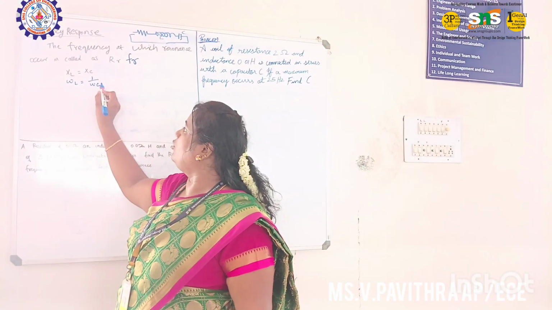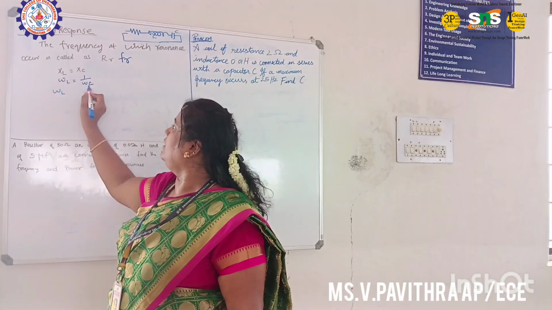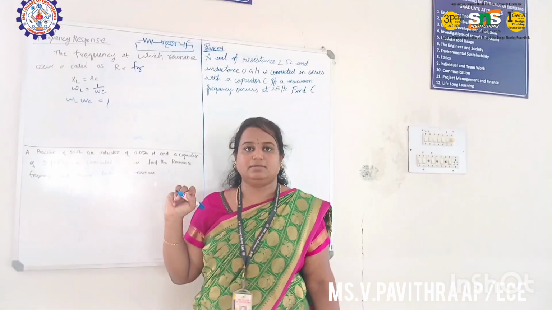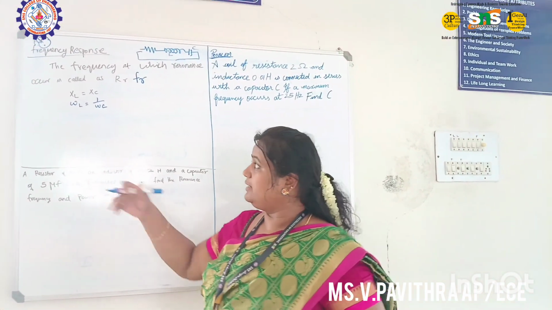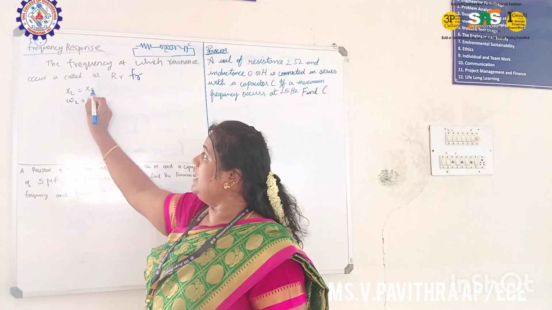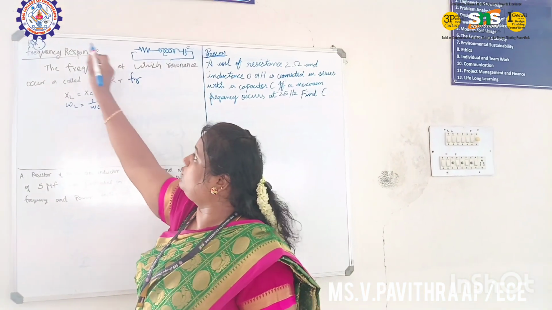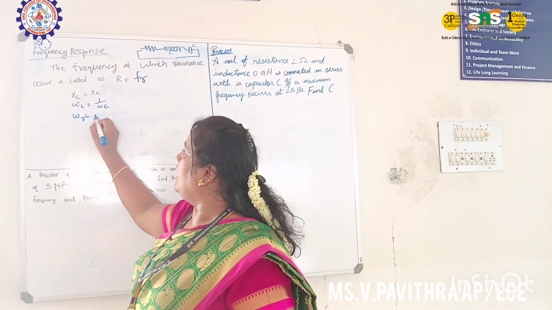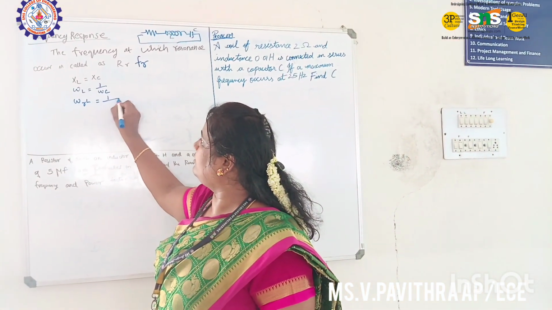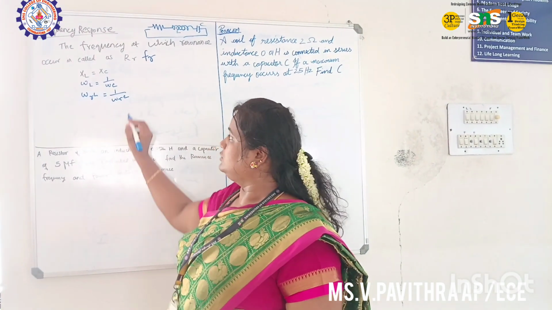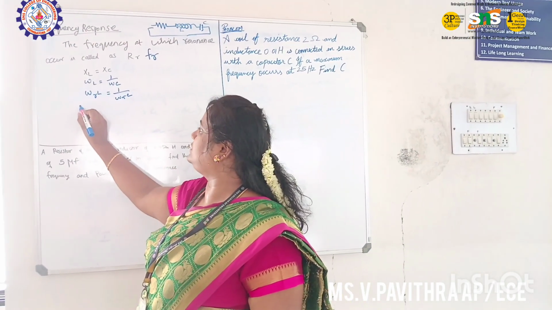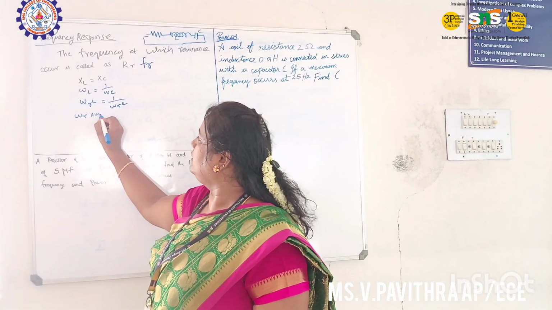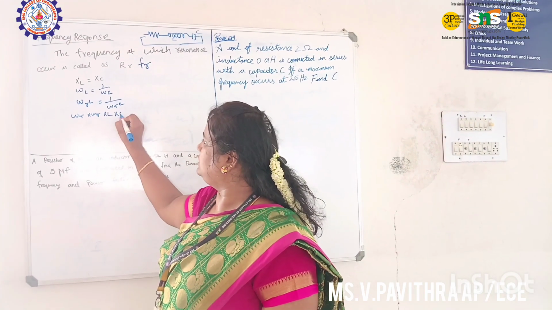So I am going to take omega L and 1 by omega C. Already I have said XL is nothing but omega L and XC is nothing but 1 by omega C. To represent this in terms of frequency, I am going to write omega R L is equal to 1 divided by omega R C. Okay, so I am going to take this term to the opposite side: omega R into omega R into L into C is equal to 1.